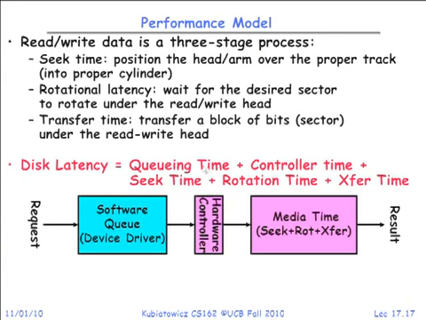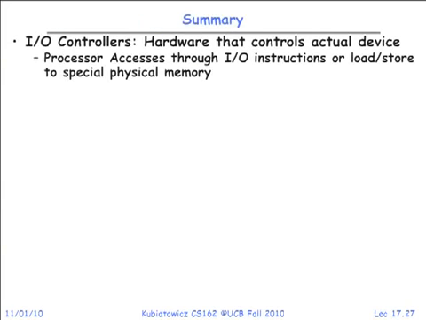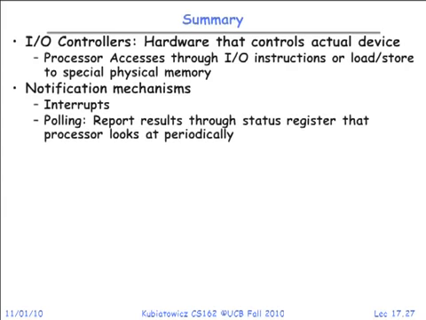So I think we're going to end there. In conclusion, we'll actually show you the queuing model next time. So I/O controllers are the hardware that actually control the device. The processor accesses them through I/O instructions or load/store to memory mapped addresses. We talked about notification mechanisms. We talked about interrupts and polling. We talked about disk performance and the model of disks.